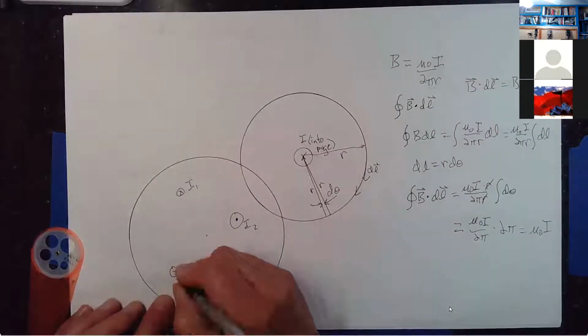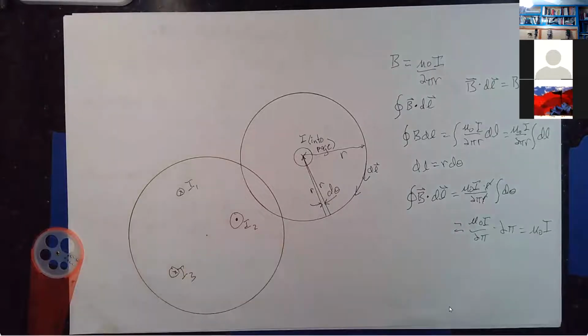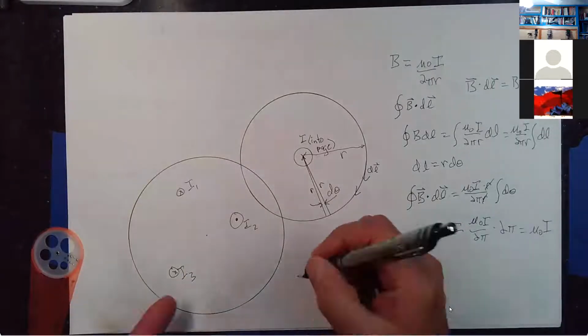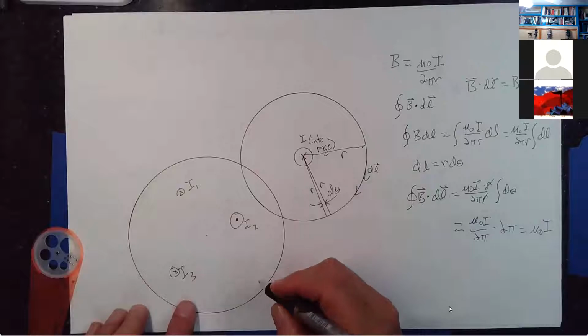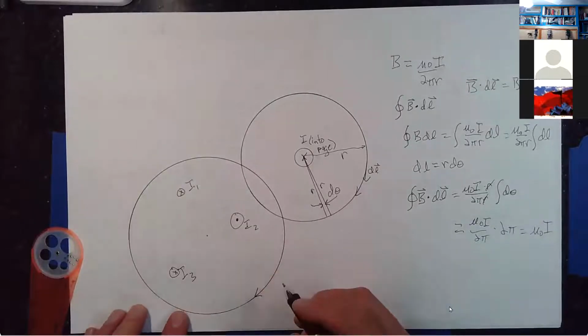You can scatter around in this thing a bunch of different currents. And if you integrate in a circular path around there, let's see, we can go in this direction.